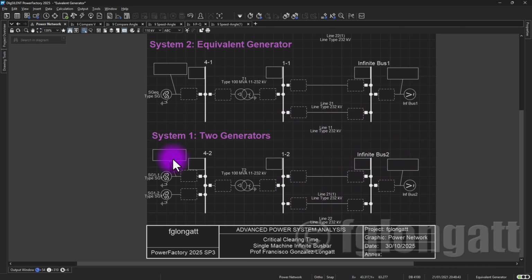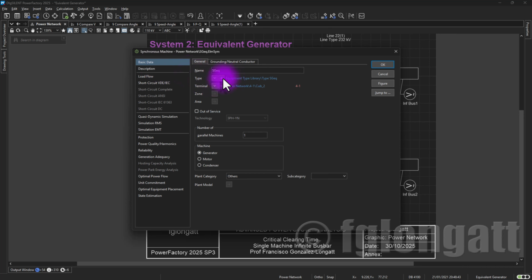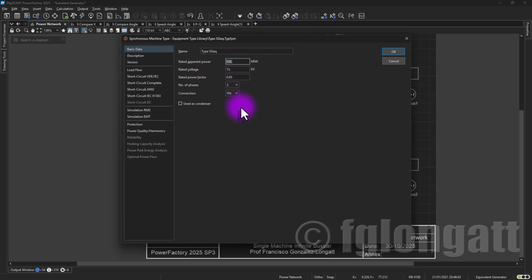So one classical problem is, starting from system number one with two generators, obtain the equivalent generator. If you look over here, let me show you, we have a single machine, and this is a synchronous machine. If you look at the basic data, you can see that the rated apparent power of this machine is 100 MVA. The rated voltage is 13 kV and the rated power factor is 0.85.